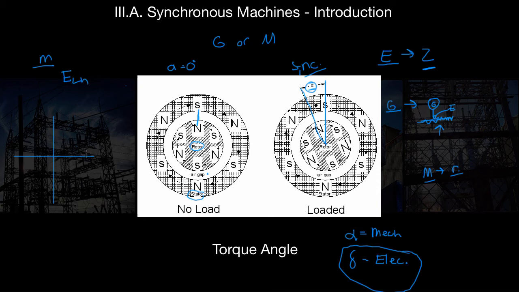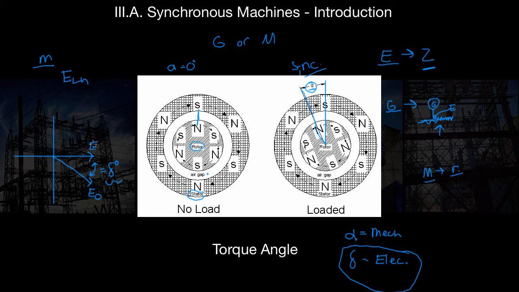If this was our applied voltage E, right here, and our induced stator voltage was right here, remember that's going to be our E0, and that's our induced stator voltage from our excited current in the rotor. The difference in this angle right here would be our lowercase delta. That would be our electrical torque angle.